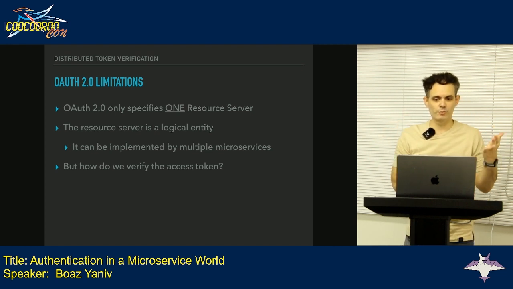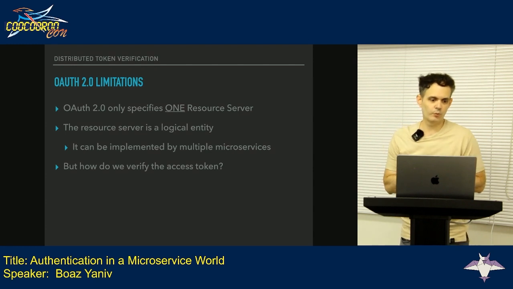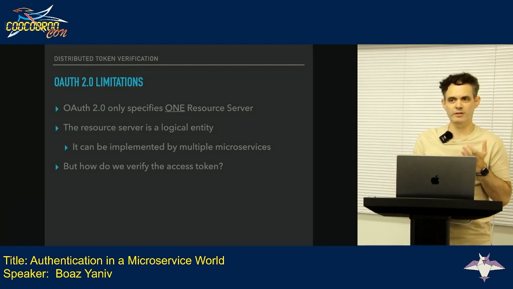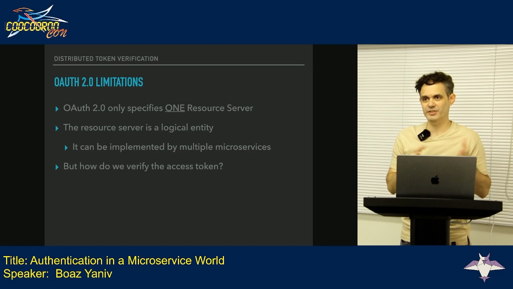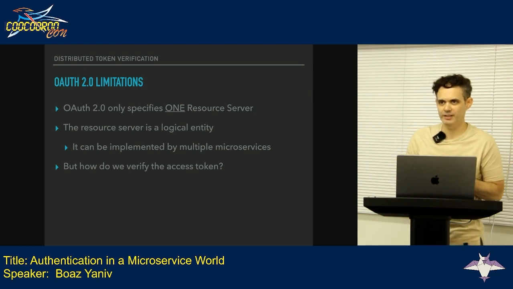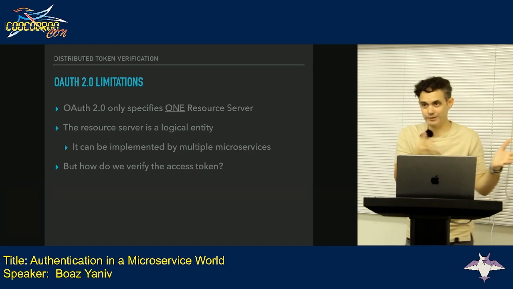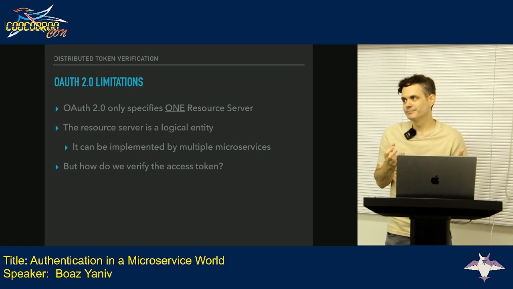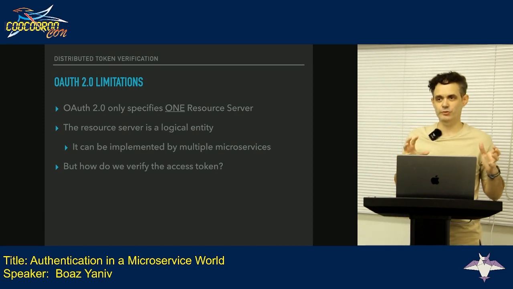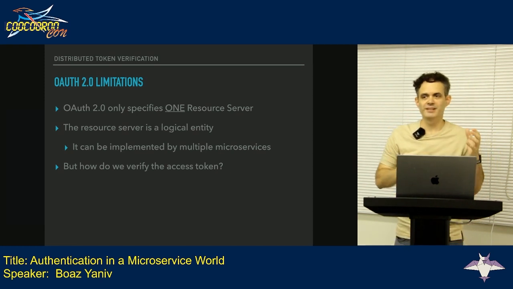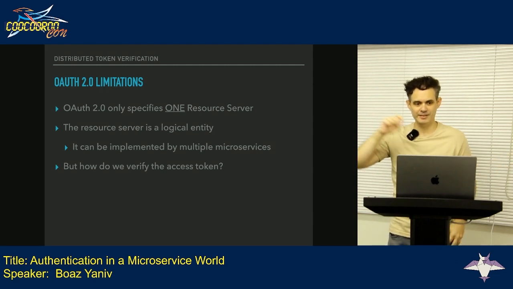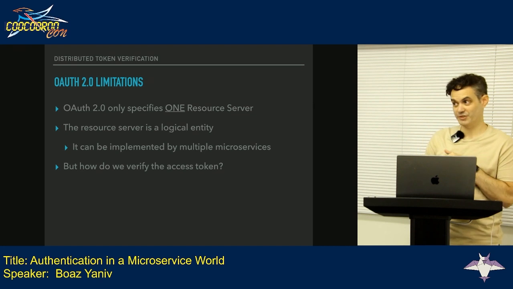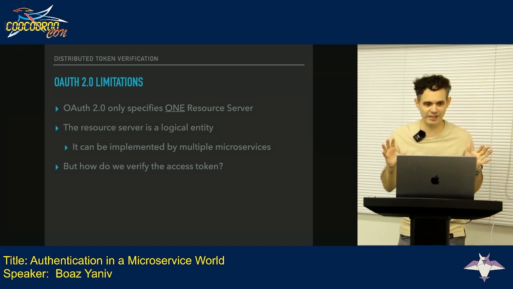So OAuth is talking about one authorization server, which does the authorization, has the login page and everything, one client, which receives the token, and one resource server, which is the API that the client is sending the token to in the header. And there is only one resource server in the specification.